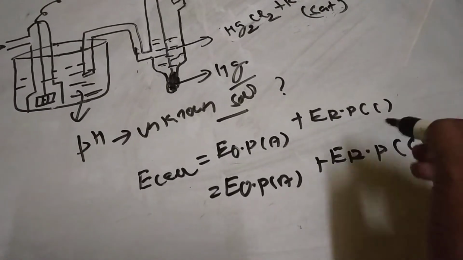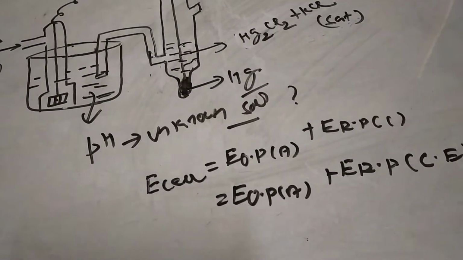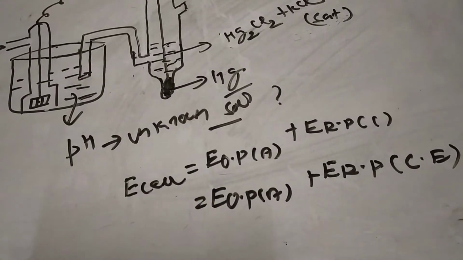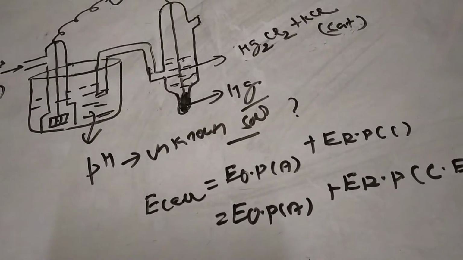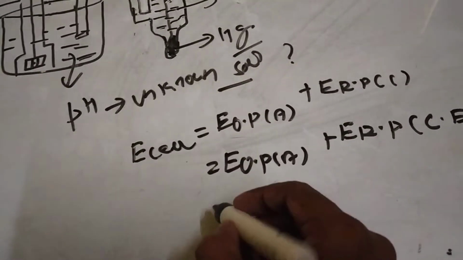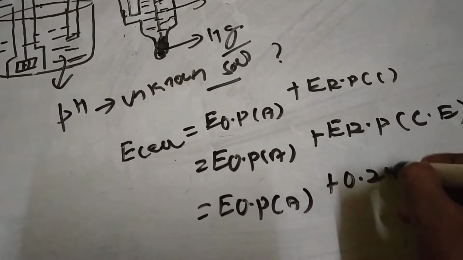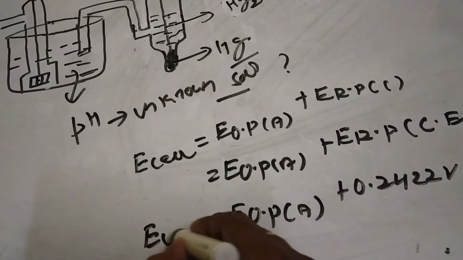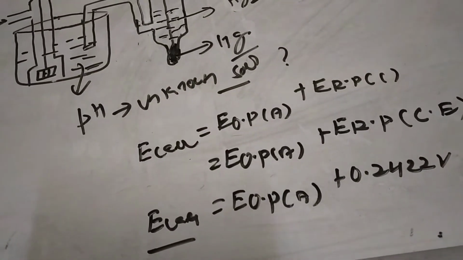And the reduction potential of the saturated calomel electrode, I already told you, is 0.2422 volt. So here I can write E cell is E oxidation potential at anode plus 0.2422 volt.